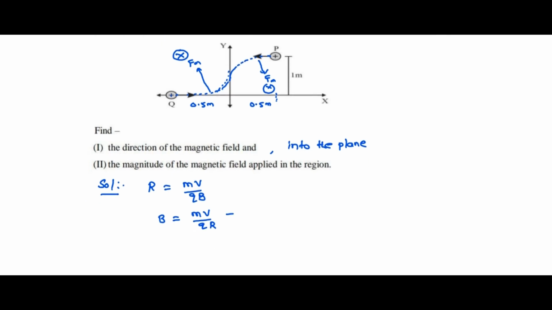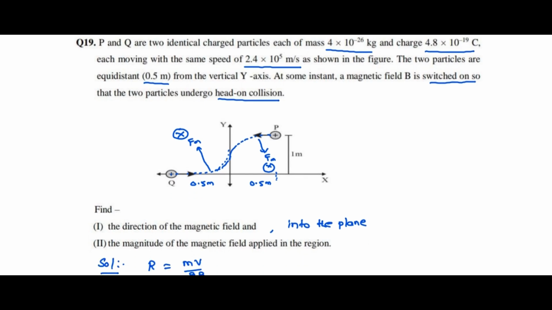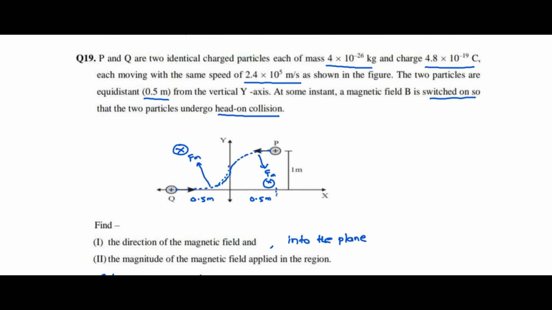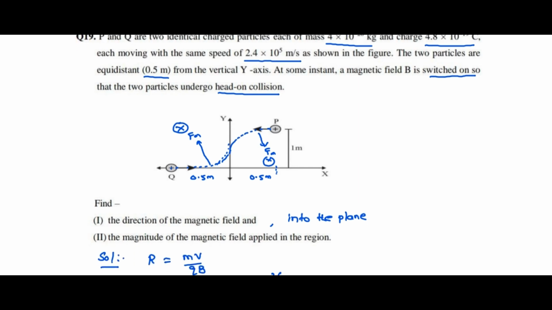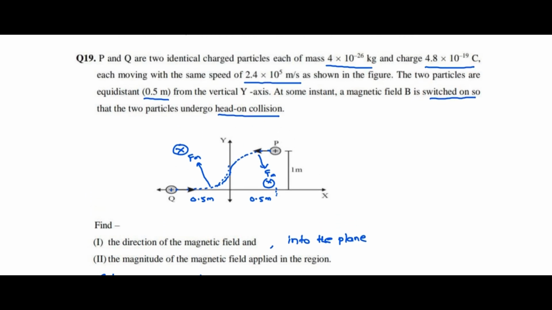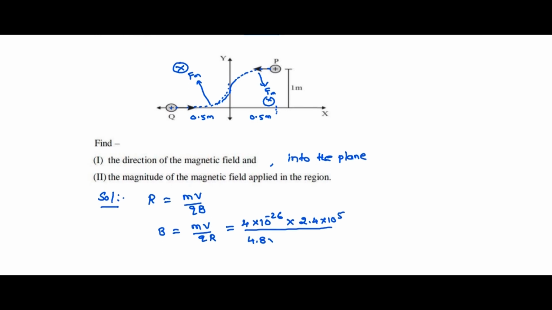The mass of each particle is 4 into 10 power minus 26 kilogram, and it is moving with velocity 2.4 into 10 power 5, divided by charge 4.8 into 10 power minus 19, and the radius is nothing but 0.5 meter.